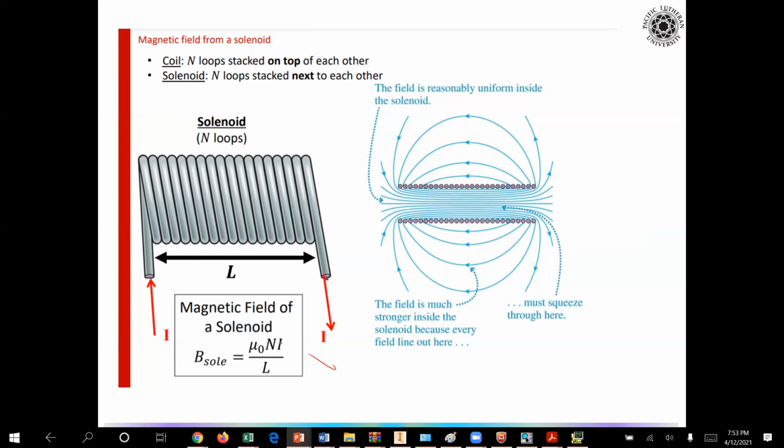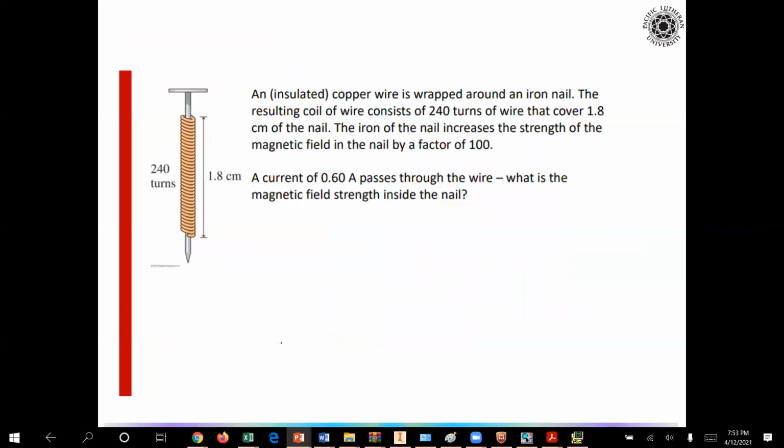And now let's see how to apply this concept and practice an example. Here we have a coil of wire wrapped around an iron nail, and the resulting coil has 240 turns of wire covering 1.8 centimeters, which is the length we are focused on.